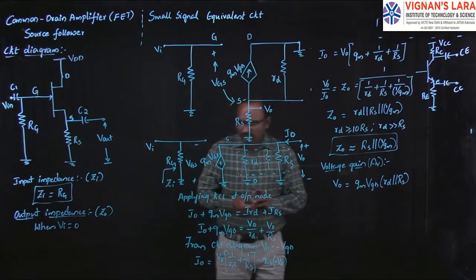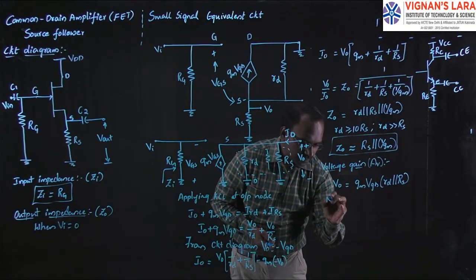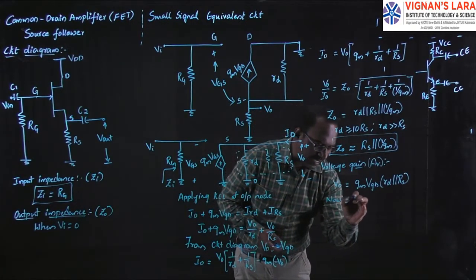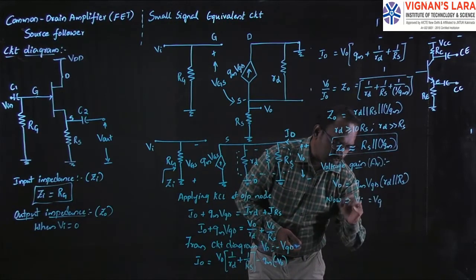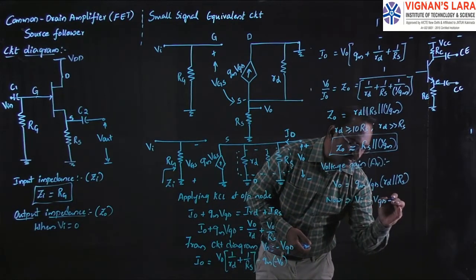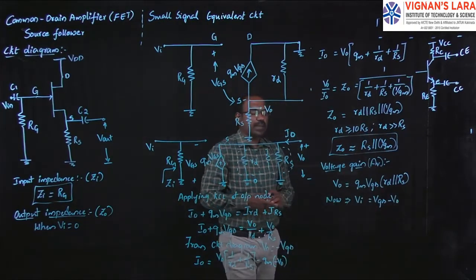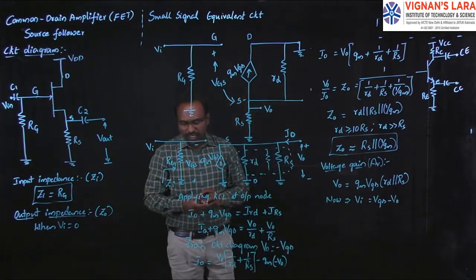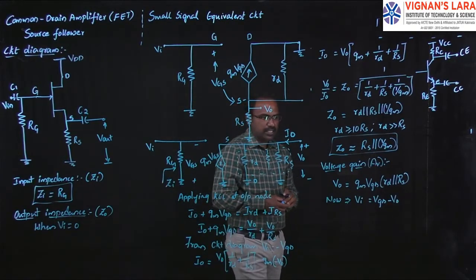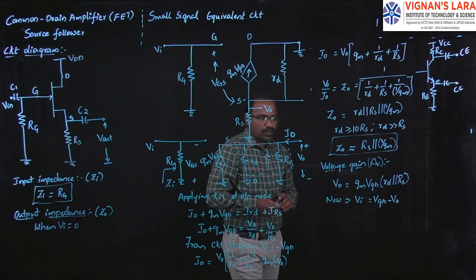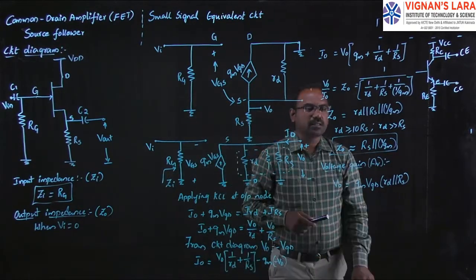So now Vi is equal to VGS minus V0. So I can replace that equation. Make a small correction here.